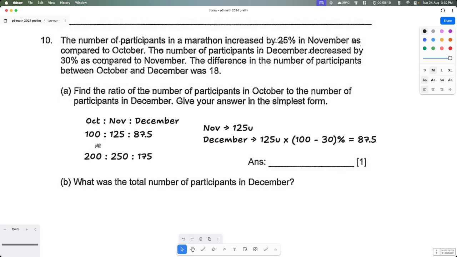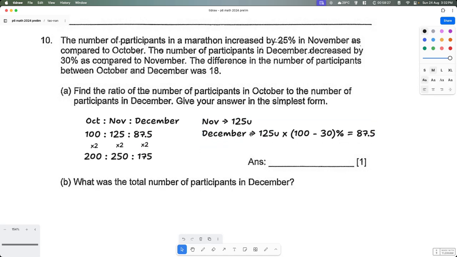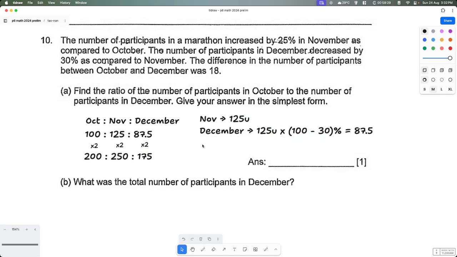Right, so now we need to simplify. October is to December, which is basically 200 is to 175.